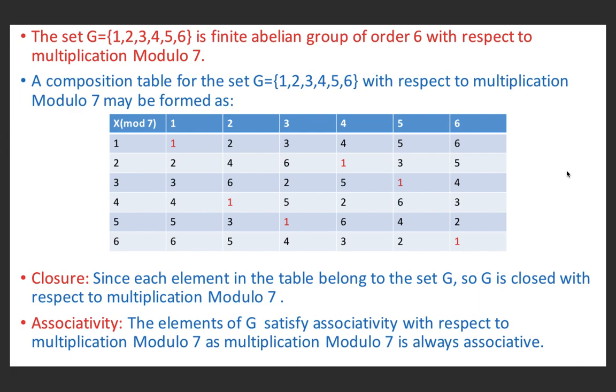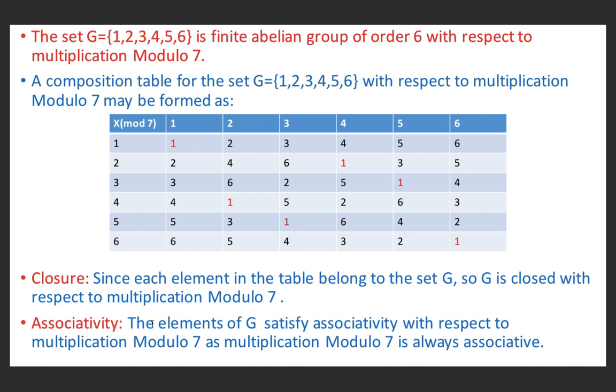Also, all the elements of this composition table are the elements of the group G. So now we come to the properties of a group. Since each element in the table belongs to the set, G is closed with respect to multiplication modulo 7.